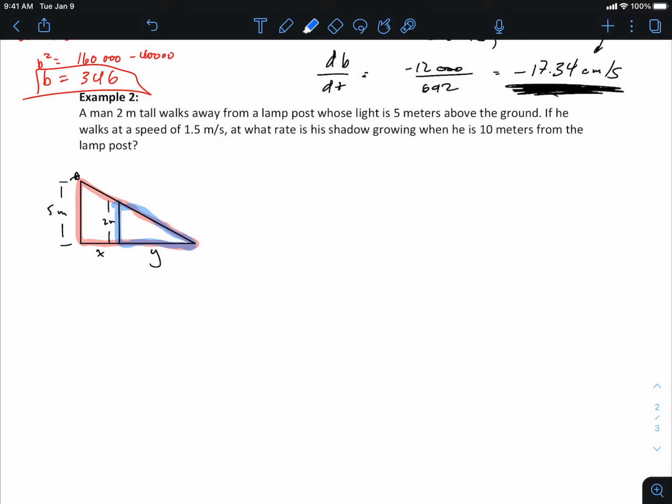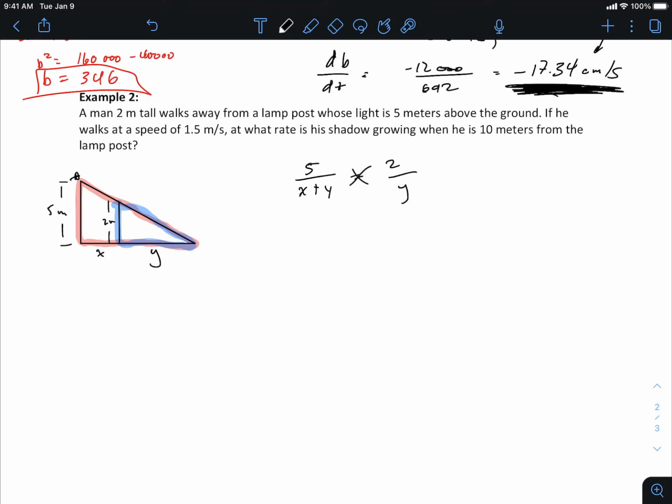So here's what we're going to do. We're going to write out a ratio. The height of this triangle relative to its base, the big one, would be 5 over x plus y. And that is going to have to equal 2 over y.